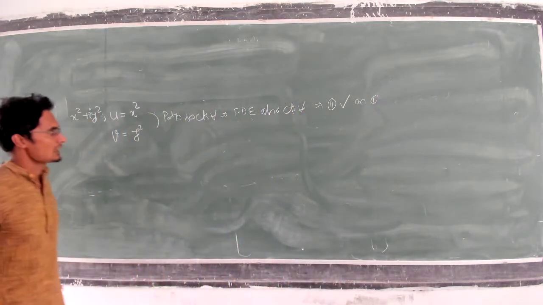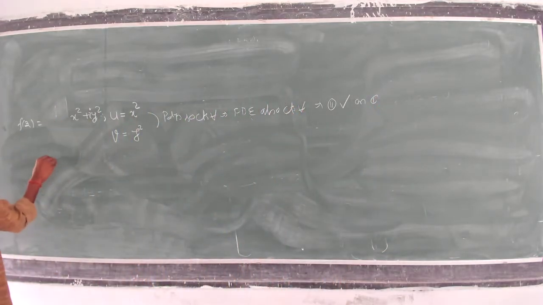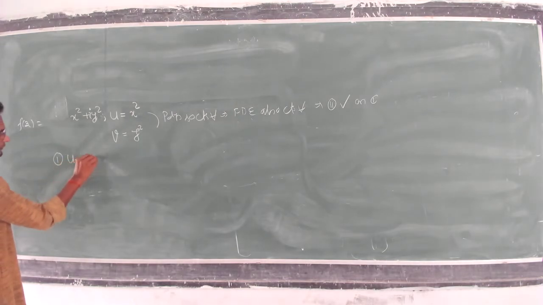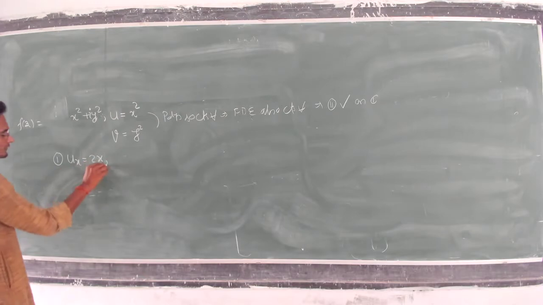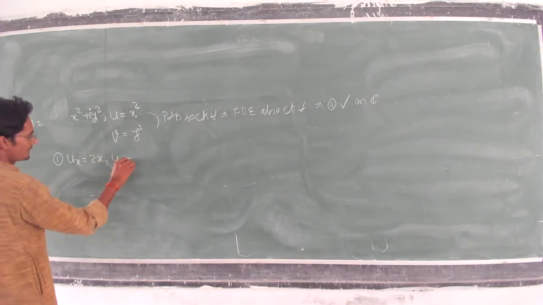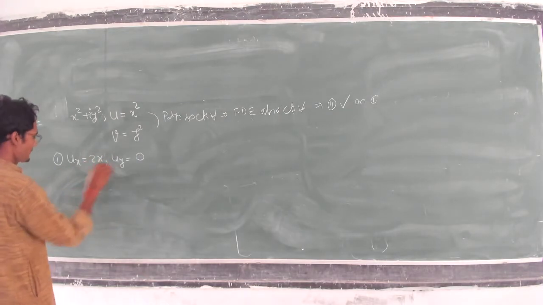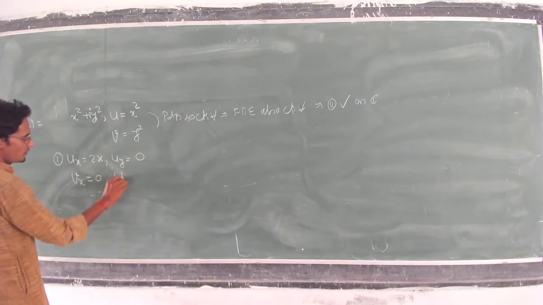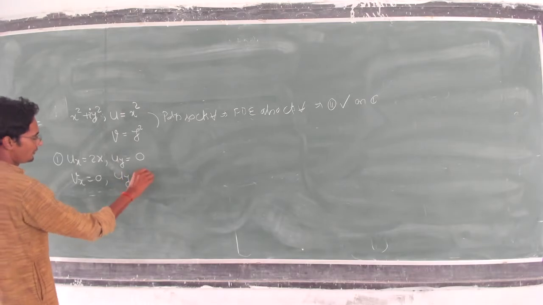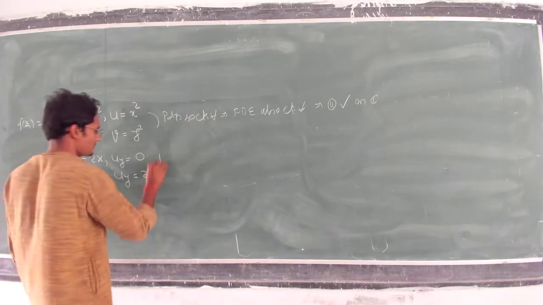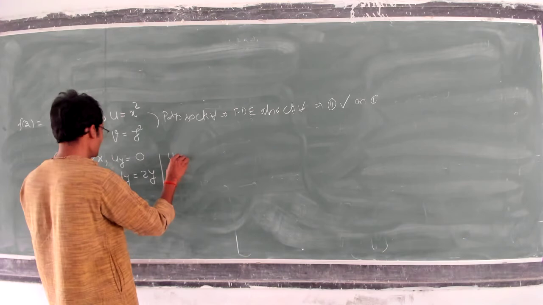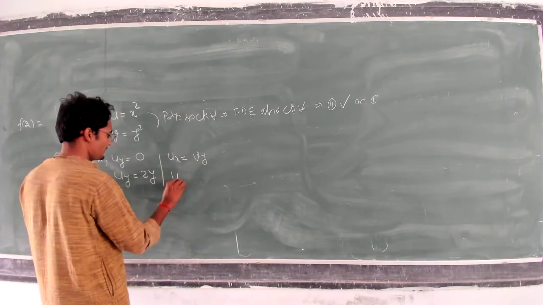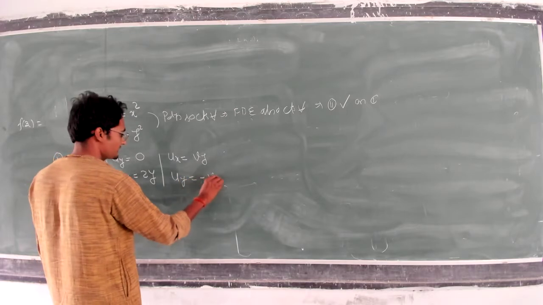Alright? Let us now take the first condition. ux 2x, uy 0, vx 0, vy 2y. So ux is equal to vy and uy is equal to minus vx.